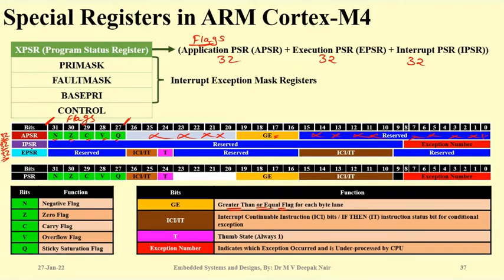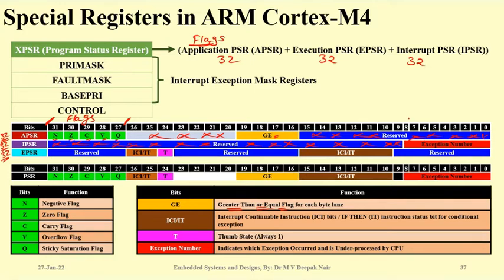Now come to IPSR, the interrupt PSR. This is also 32-bit, but out of those 32 bits, you can see these are not used. These are all reserved, not used at all. From bit 31 to bit 9, they are not used in the case of IPSR.